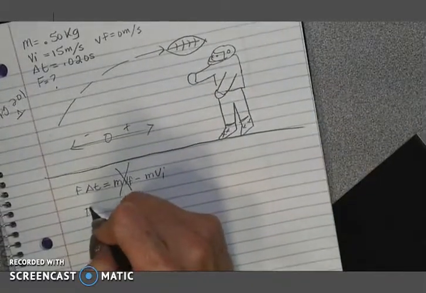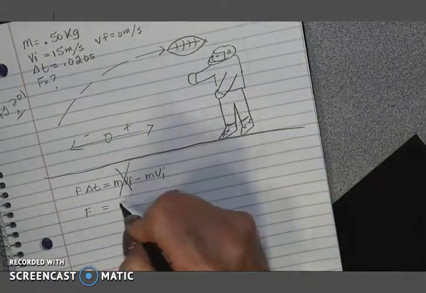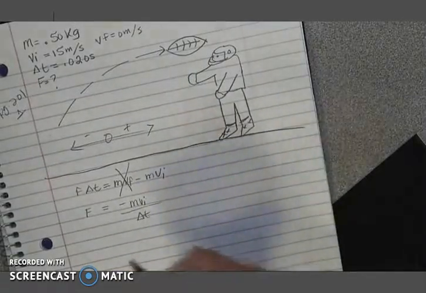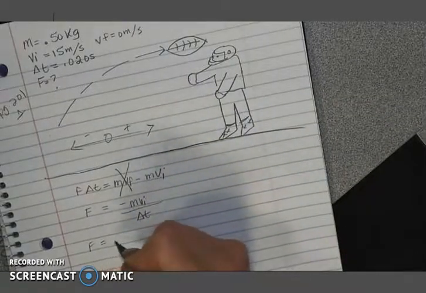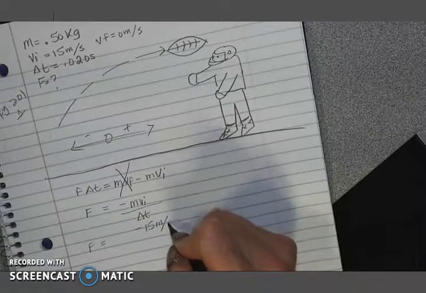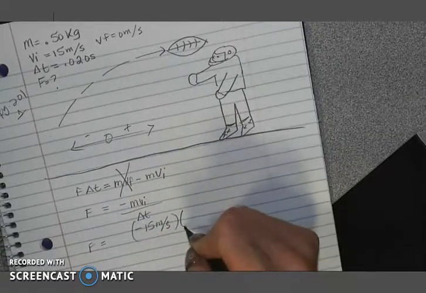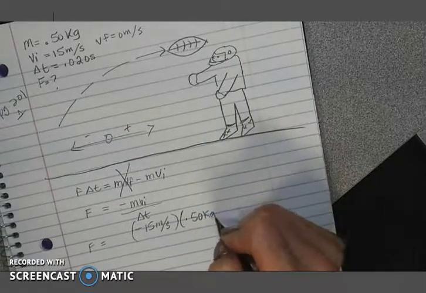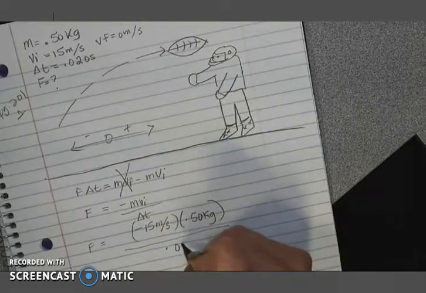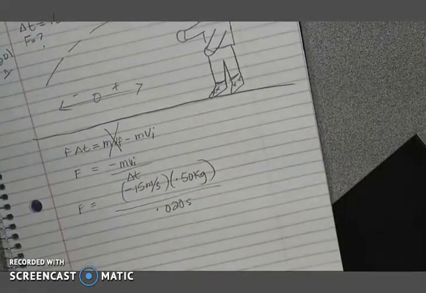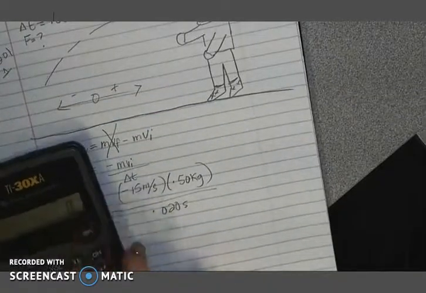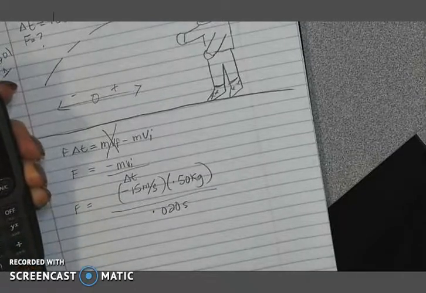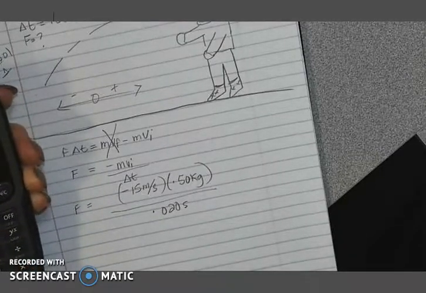So same kind of solution as the last one, force equals the opposite of m v i divided by delta t. So force is equal to negative 15 meters per second times, what's the mass? 0.50 kilograms divided by 0.020 seconds. And this just becomes a little bit of a plug-and-play math problem at this point. 0.50 times 15, and that's negative.